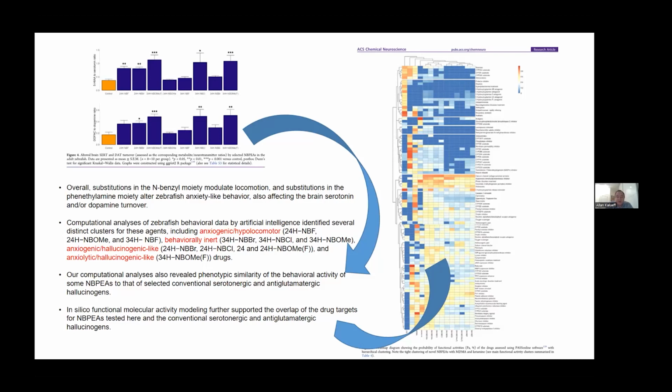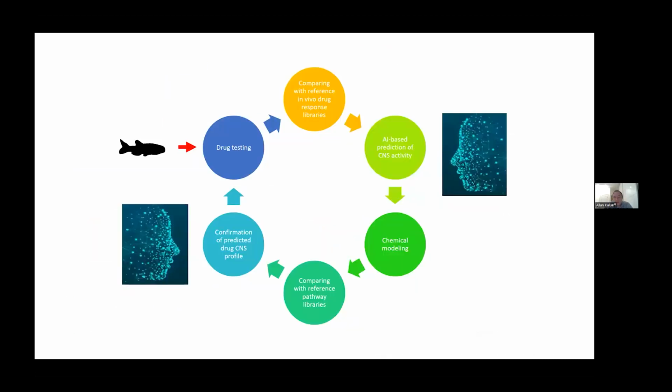In other words, we started with testing real drugs in a complex in vivo system. We analyzed and created libraries of these responses, used artificial intelligence to predict the pharmacological properties. We then used chemical modeling, such as PASS online, to predict their pharmacological properties based on chemical formula. We got a perfect match.